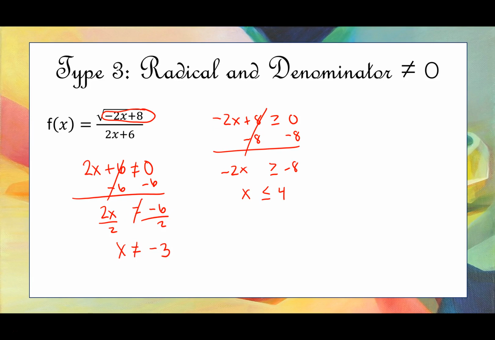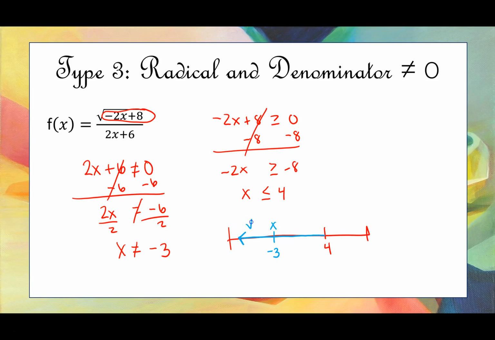Well, this actually is interesting here. We cannot have x be equal to negative 3, but x has to be less than or equal to 4. So if you look at our number line, here's my 4. I'm basically implying that I want everything to this side, okay, but I don't want negative 3.